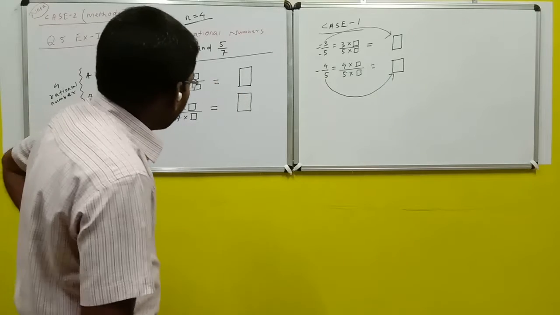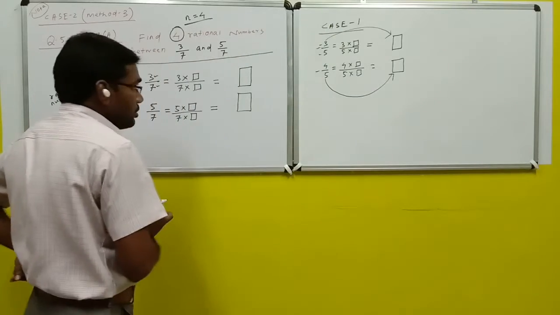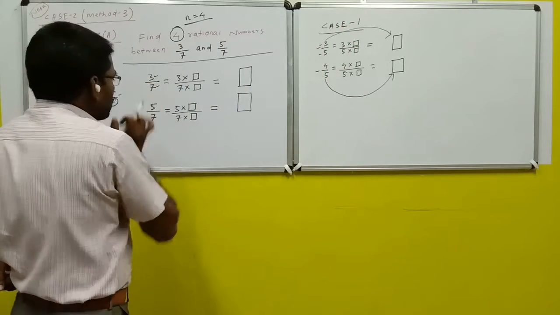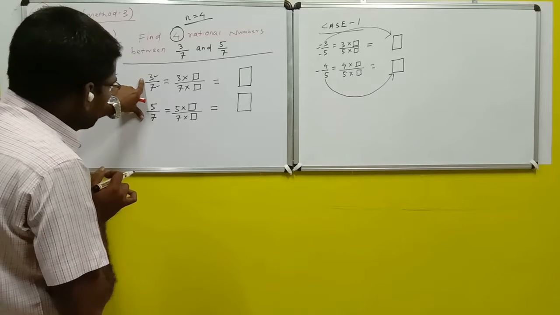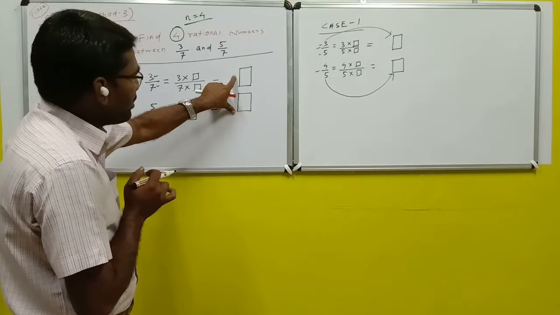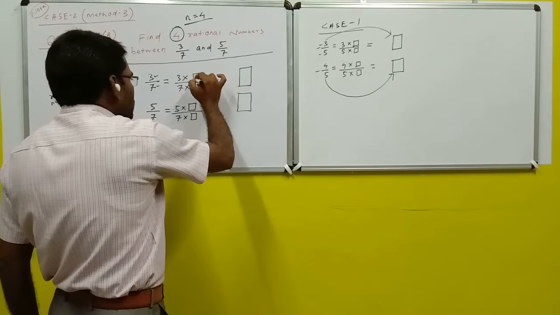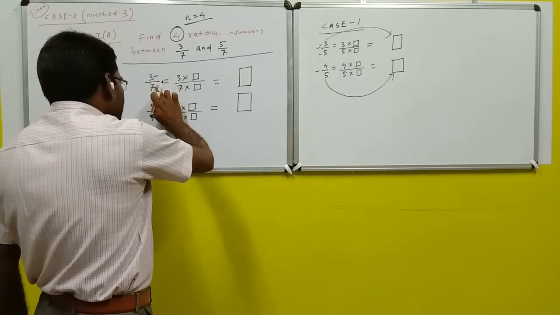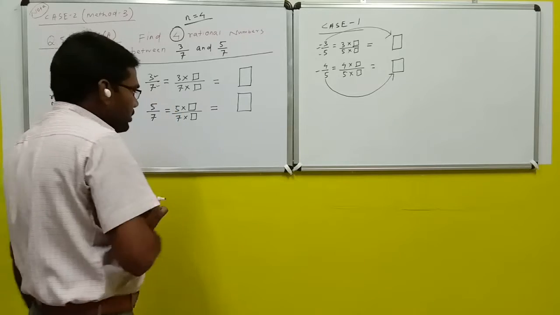What I told you? I told you that like case 1, in case 2 also, the two given rational numbers will be changed into their equivalent rational numbers by multiplying a suitable number by the numerator and denominator of this rational number, and also by the numerator and denominator of this rational number.